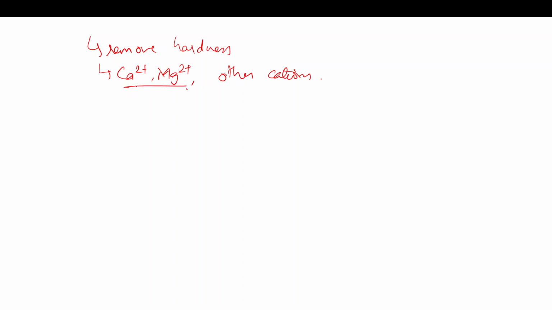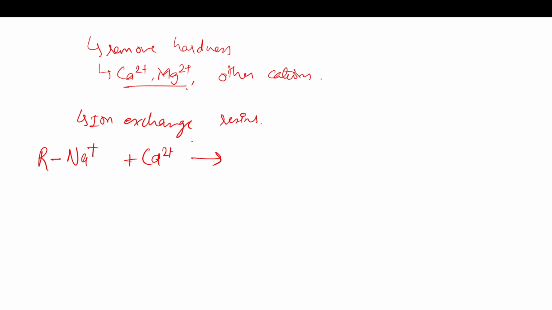Now, if the water is so hard and we want to reduce the hardness, we can use ion exchange resins, right? So if the ion exchange resins are of this sort, they will react with calcium or magnesium to form R2Ca, because here the valency is 2, so we require R2.